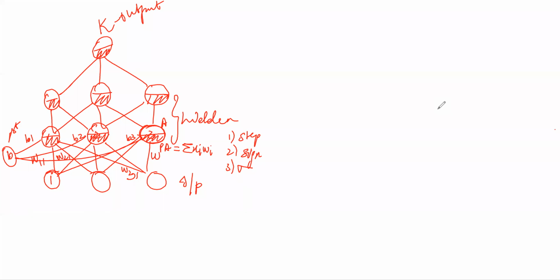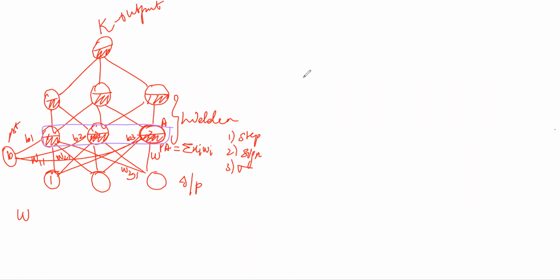What will be the total number of weights for one particular layer? How do we consider that? For this particular layer, let me just consider these 3 neurons, what is the number of weights?